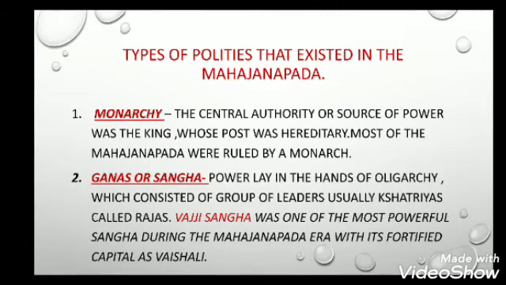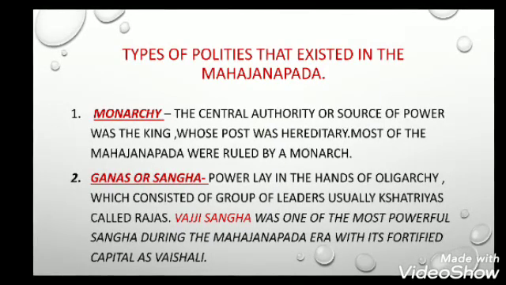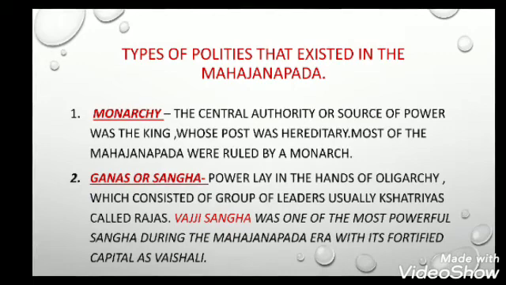This Gana or Sangha is an oligarchy which consisted of leaders of a tribe or a leader of that place who was given a seat at the assembly of the Gana or Sangha.